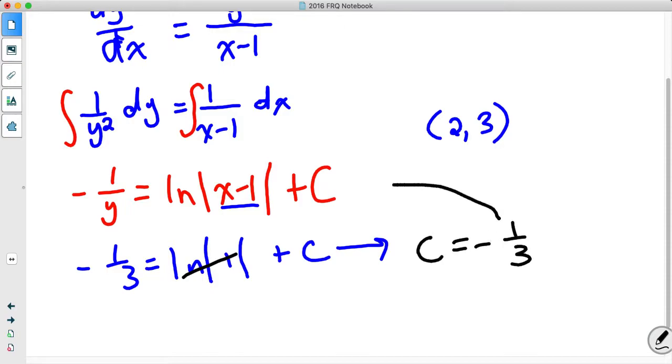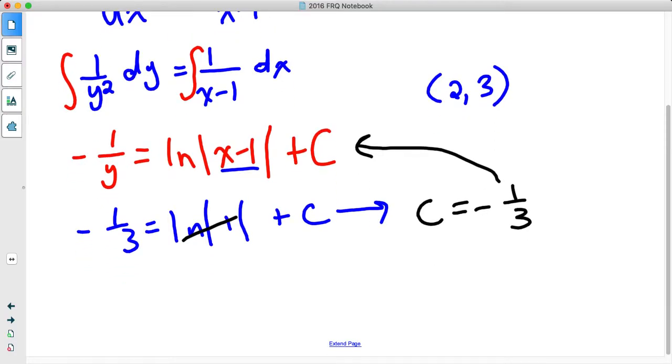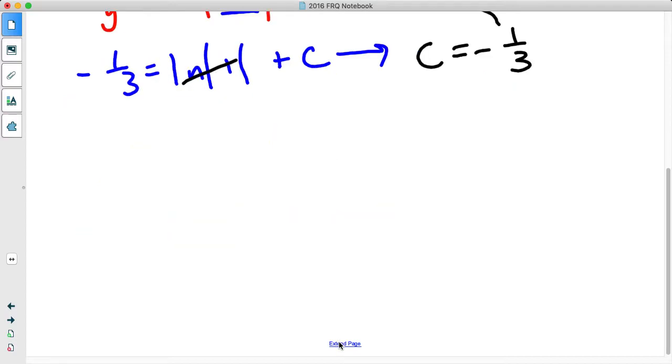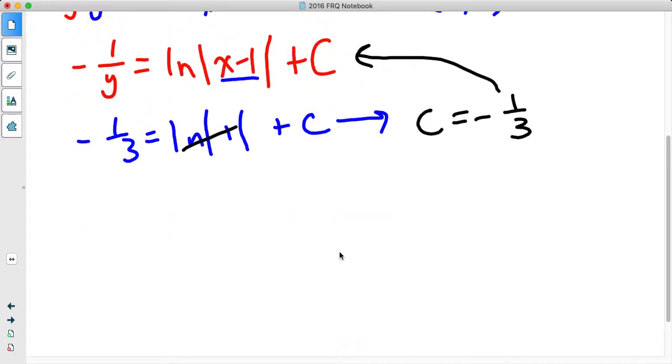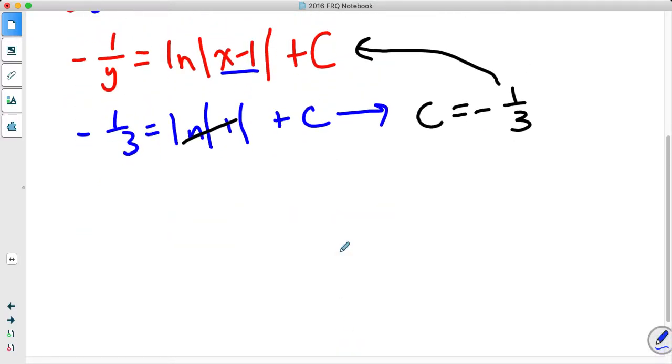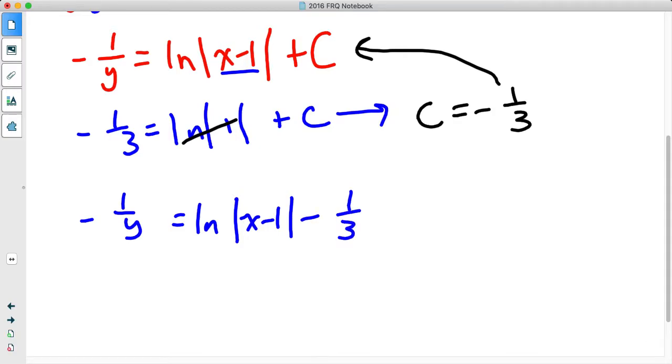Alright, so I'm going to take that and plug it in right there into that step that's in red. Let's plug that in there, and then we'll solve for y. So negative 1 over y equals ln absolute value x minus 1 minus 1/3.